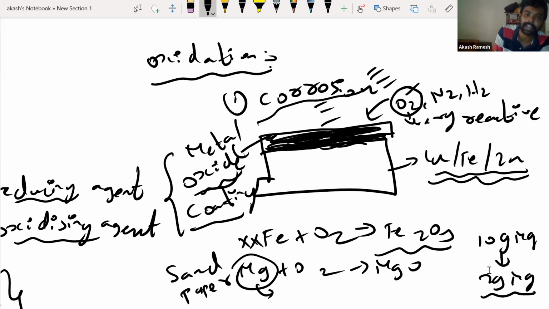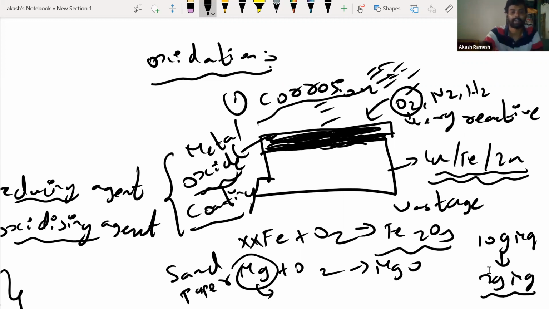So every element undergoing oxidation, every element undergoing corrosion, will lead to depletion of the metal. We go for wastage. Is it not? A lot of elements get wasted due to the phenomenon of corrosion.